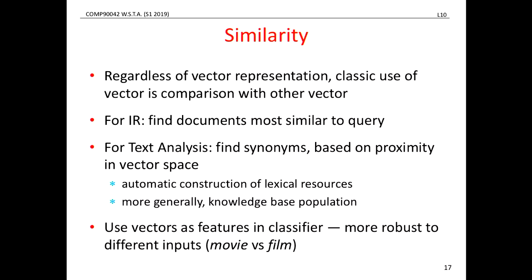So the documents that contain one or the other of the words are going to be represented in similar points in the vector space. In text analysis, we often use it to find synonyms. So we can say, for this word, please tell us other words that have related meanings. We can just look at the nearest neighbors in vector space to a given query word.